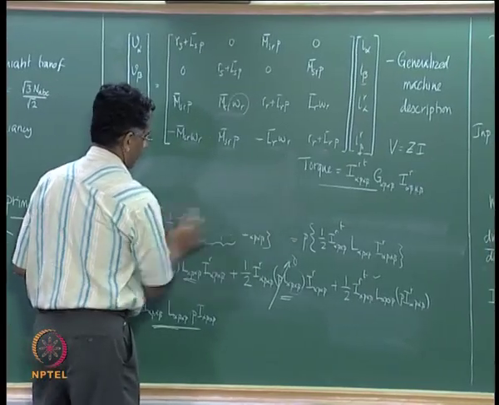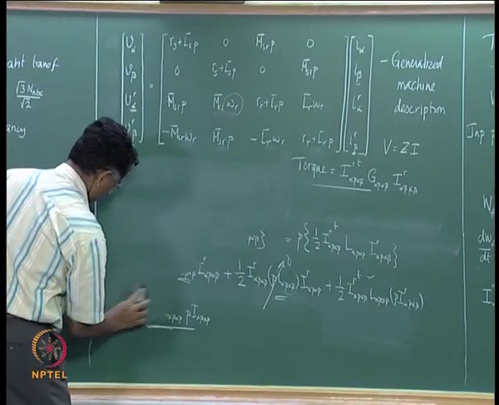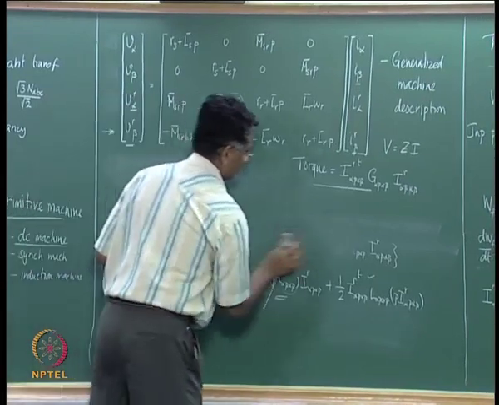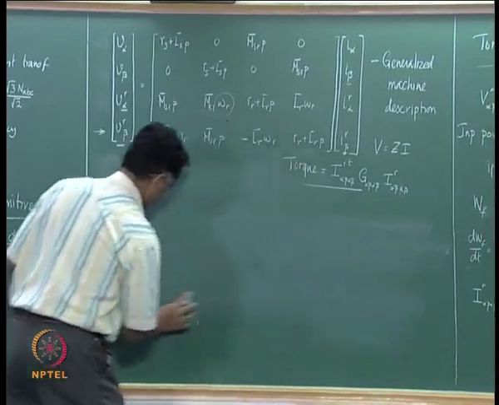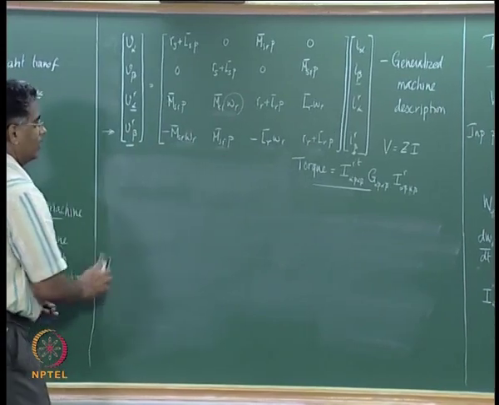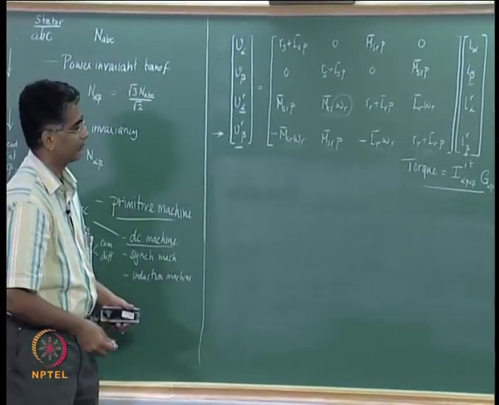Now one can expand this and try to simplify this expression in terms of the actual flow of I alpha, I beta and so on.